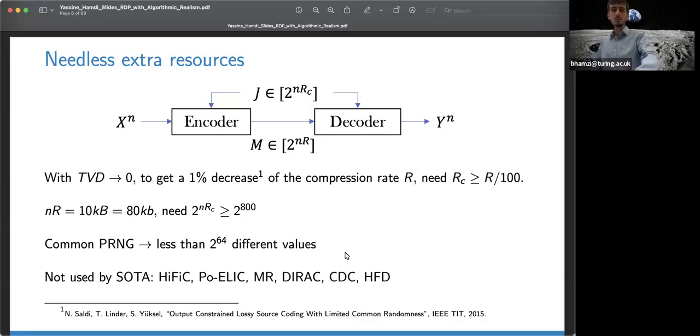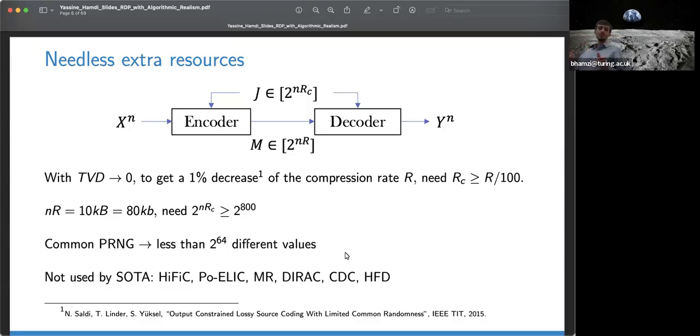So when I say rate of common randomness, you can see in the diagram, the variable j is the common randomness. And essentially, it can take 2 to the n RC distinct values. And RC is going to be the rate. So it might not seem big, but 1% of the compression rates is actually enormous.